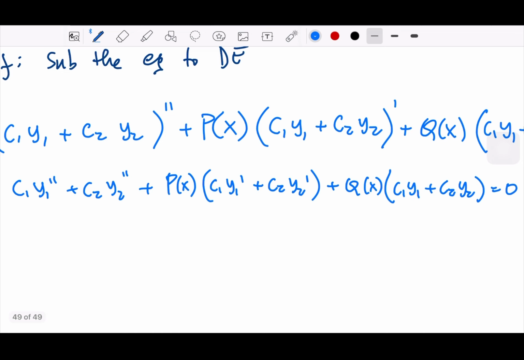Now we are going to combine all the C1 as one group, and C2 as one group.